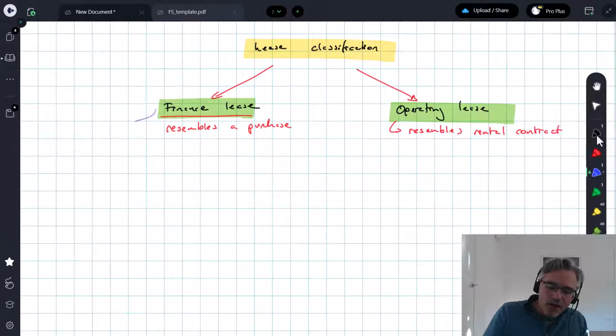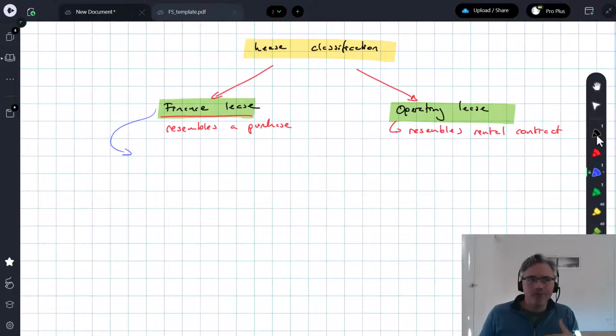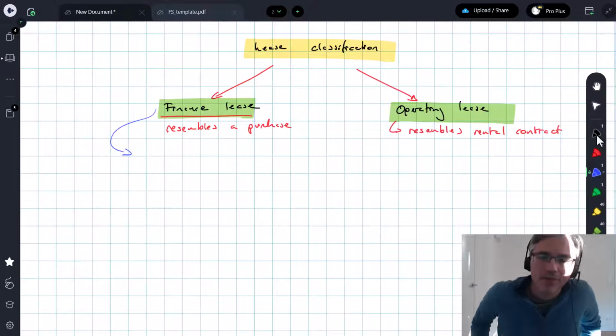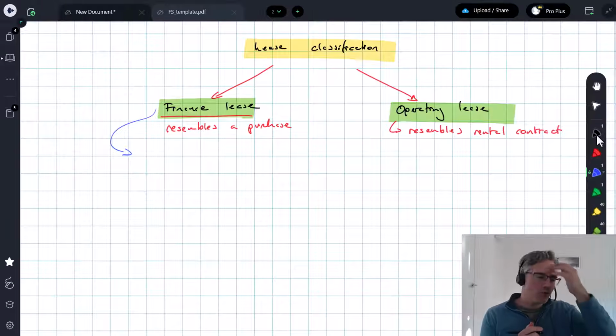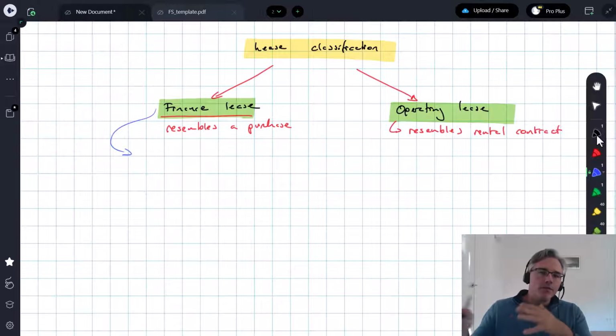Now, the way we classify this stuff is as follows. The rules specify when you are dealing with a finance lease, and by the way, it has nothing to do normally with what's written on the agreement. The agreement could be called anything. It could be called a finance lease, operating lease, whatever, or the word lease doesn't have to be used from a legal point of view.